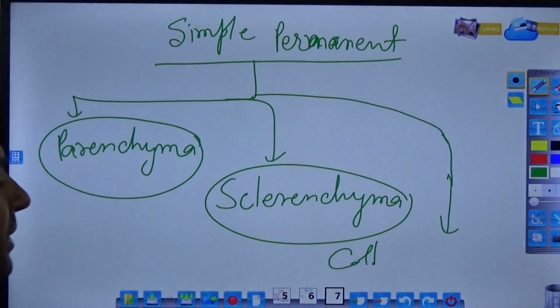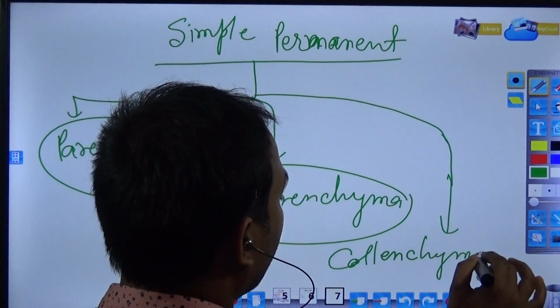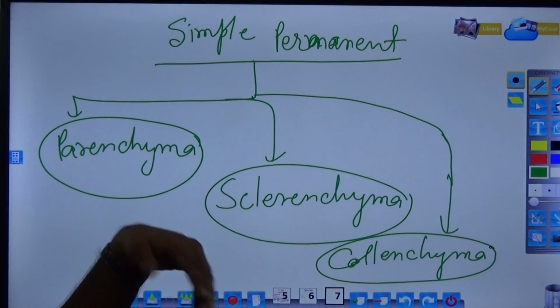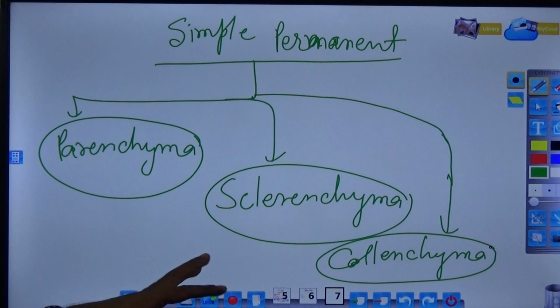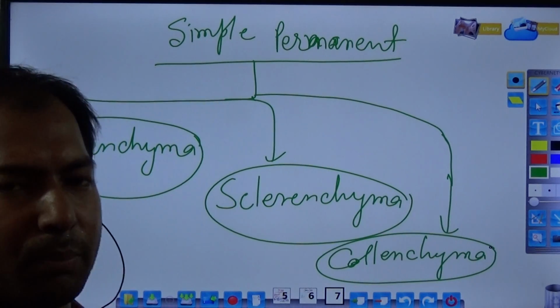We can write collenchyma as the second point. We can also write parenchyma, collenchyma and sclerenchyma. No problem, we can write in any sequence. This is the type of simple permanent.